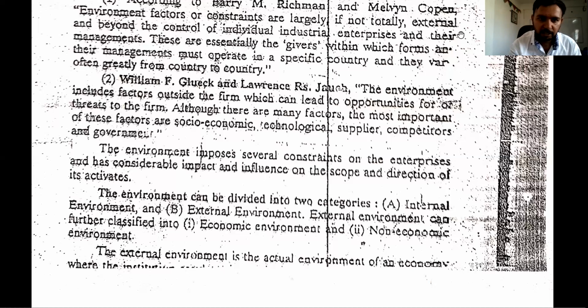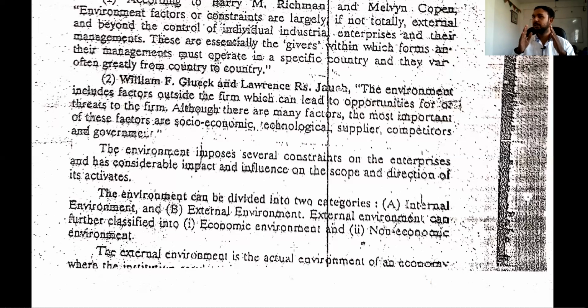So on the screen we have some types. The environment can be divided into categories: internal environment and external environment, and the external environment can be further classified into two types. Which are these? Economic environment and non-economic environment. So we have two different classifications of the environment. The first one is the internal environment.